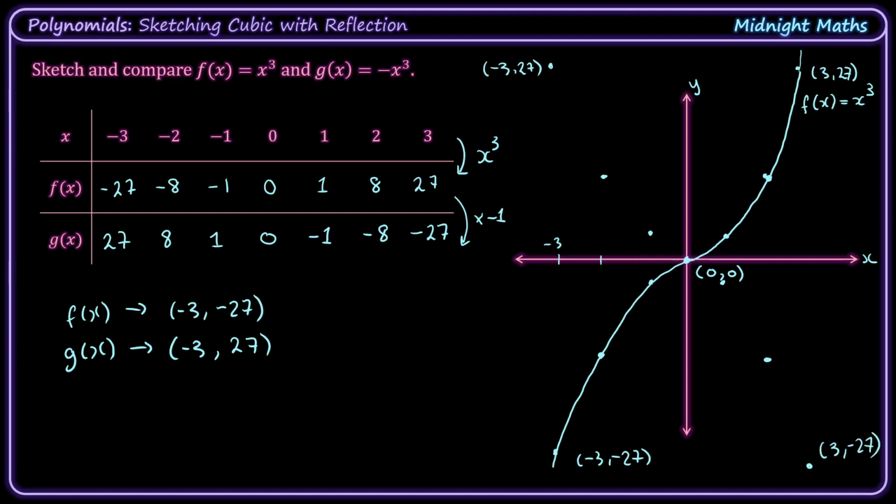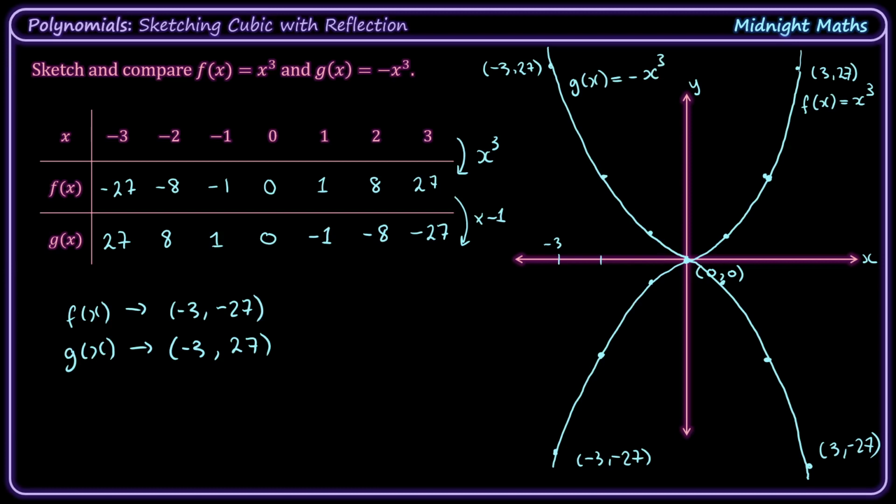Okay, now let's connect the dots. This time the curvature is going to be swapped. So this part curves upwards, and this part curves downwards, similar to how this part curved before. And this one will curve over like that. I'll just label this one quickly. This is the g of x one, which is the reflected graph, negative x cubed.